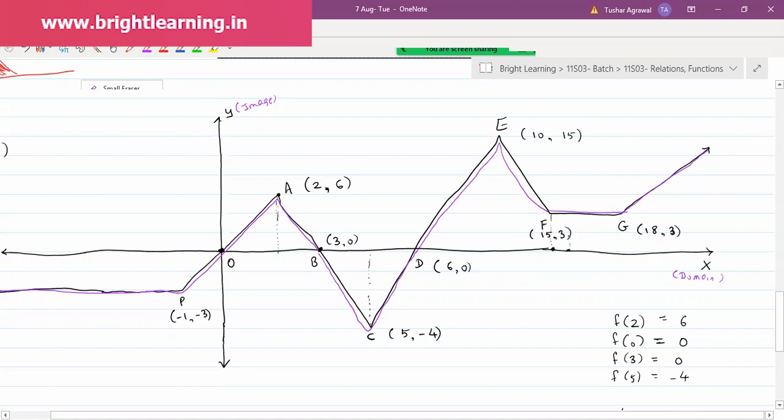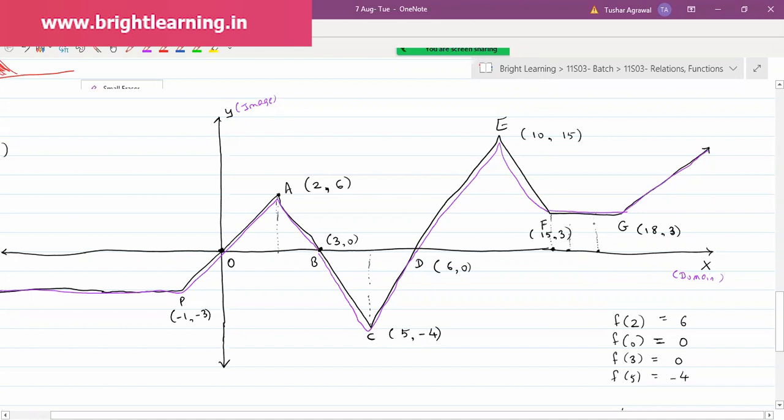A single y coordinate, that is 3. If you take x equal to 17, a single y coordinate, that is 3. So if you take any point on this x-axis, it has a single y coordinate. A single y coordinate means what? It has a single image.